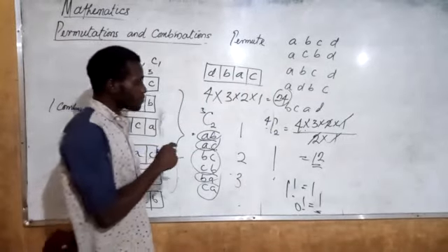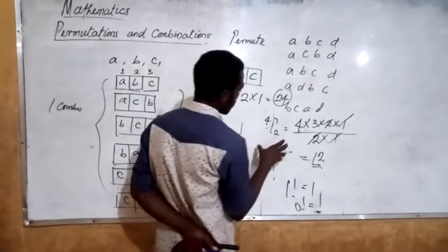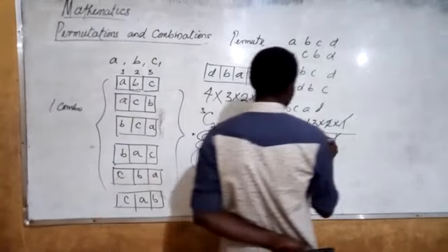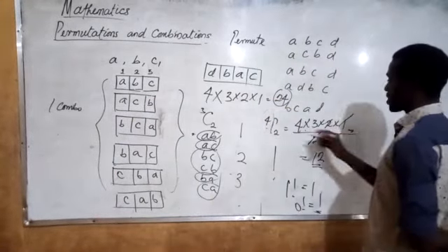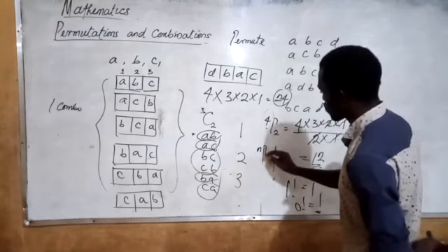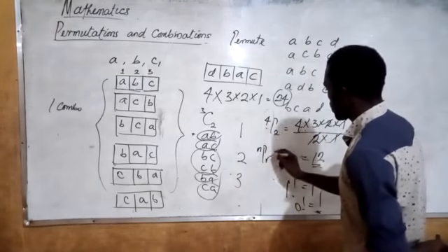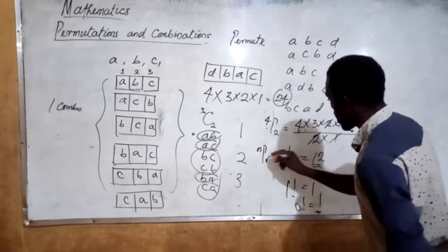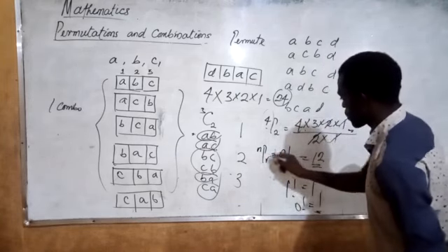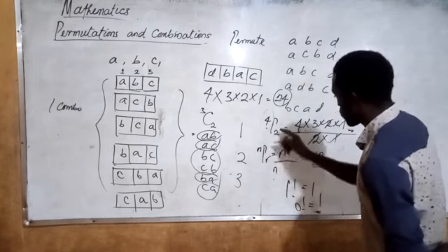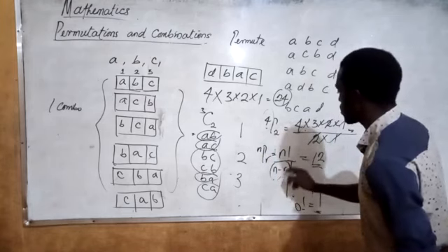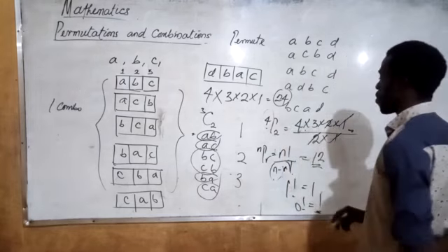Alright, so you see, in combination, the only difference is in the formula. If we are doing n permutation r, it is going to be n factorial, that is 4 factorial, over n minus r all factorial, that is 4 minus 2, which is 2 factorial.